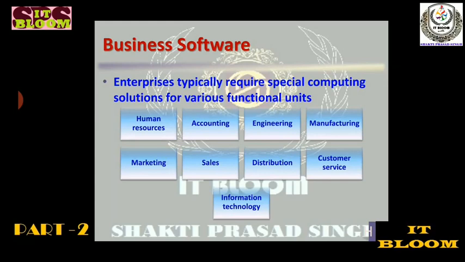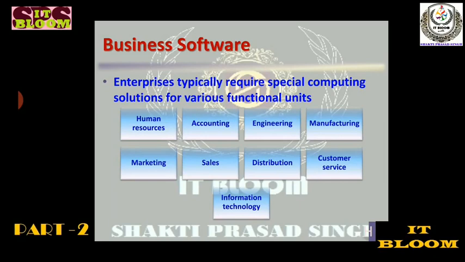The first one is human resources. Definitely how the task will be performed, when, and who will perform it, that is the human resources controlled by them. Accounting, that is the financial transactions.